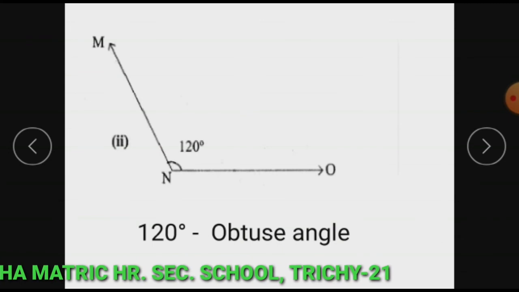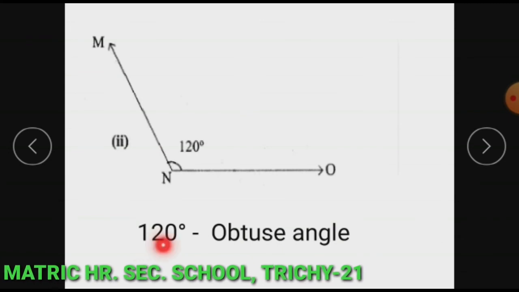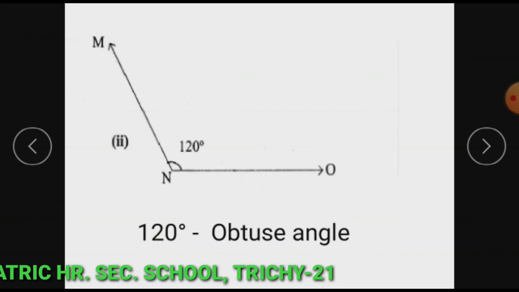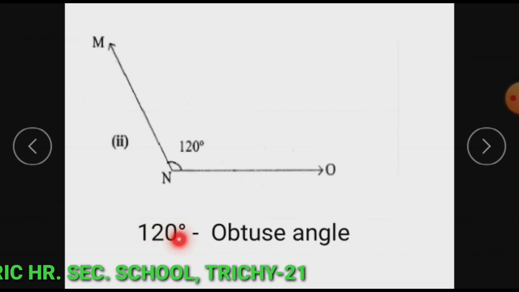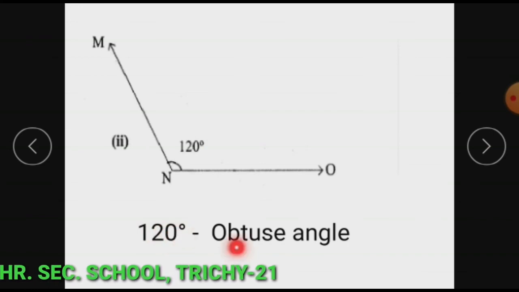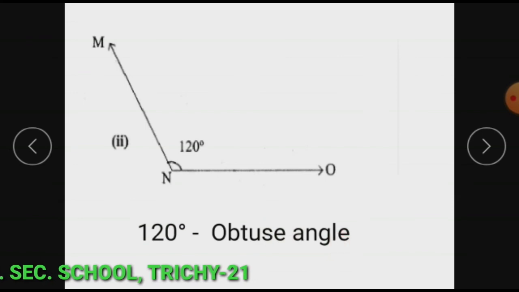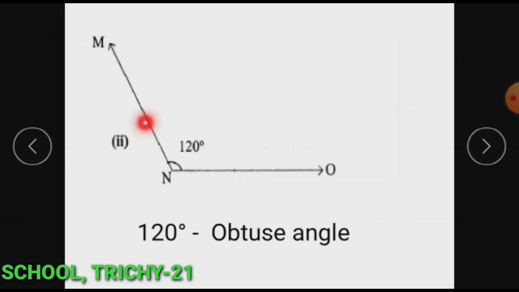Question number 2. The given angle is equal to 120 degrees. 120 degrees is greater than 90 degrees, so it is an obtuse angle. Now we draw the angle. Angle ONM is an obtuse angle.